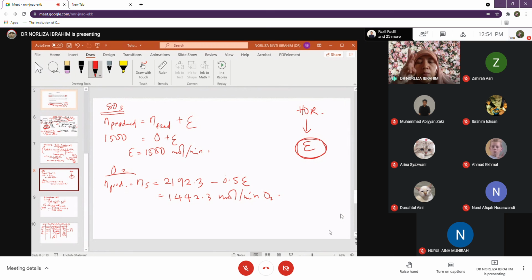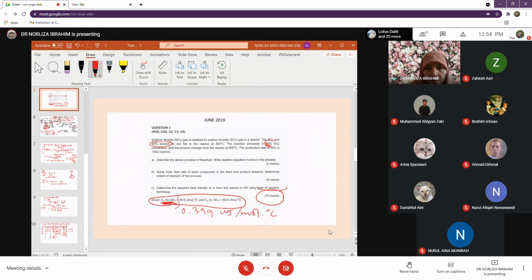We never use molecular because it is quite confusing. So for atomic and extent of reaction, I always advise students that for heat of reaction method questions, you solve using extent of reaction.